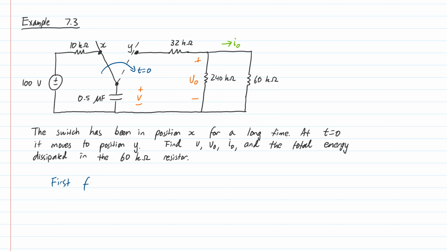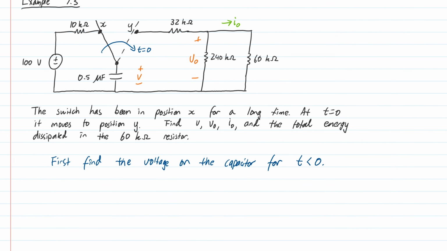First, find the voltage on the capacitor for negative times, for t less than 0. Of course, we're talking about steady state conditions here.